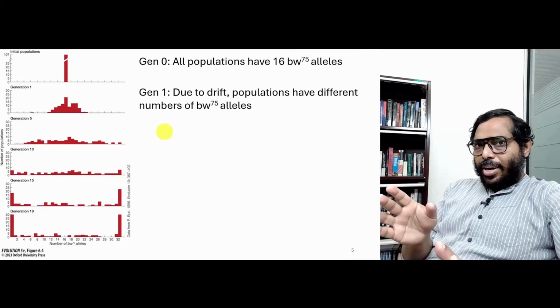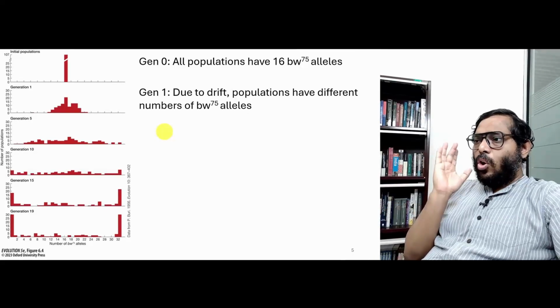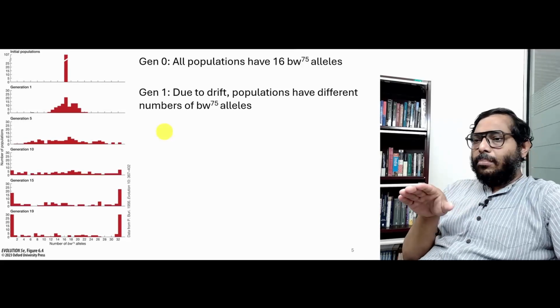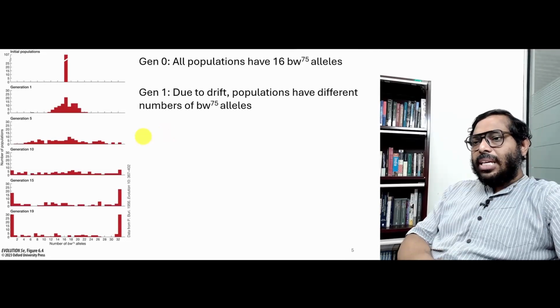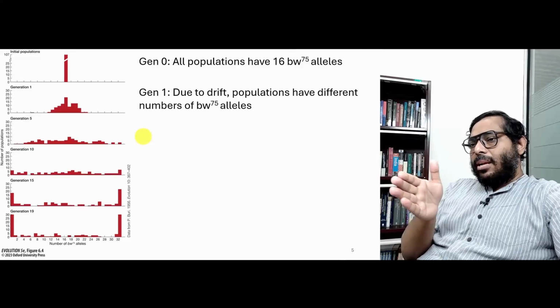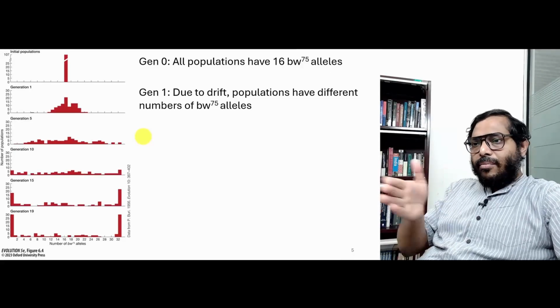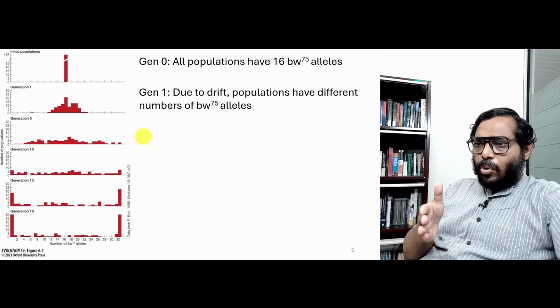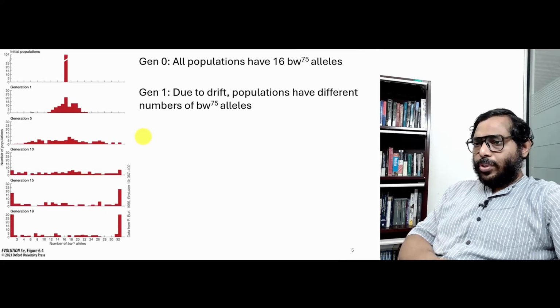Drift has started operating because the population size is very low, and now the populations have different numbers of BW75 alleles. You can straight away see in the second panel that the numbers have deviated from the value of 16. There are some which have about 14, there are some which have about 22 or 24, and so on and so forth.